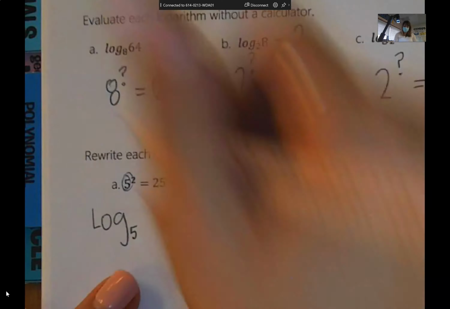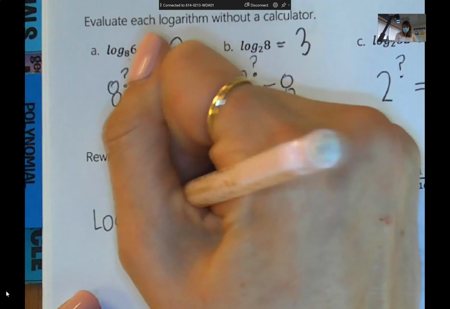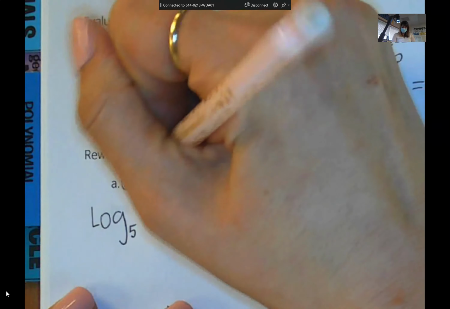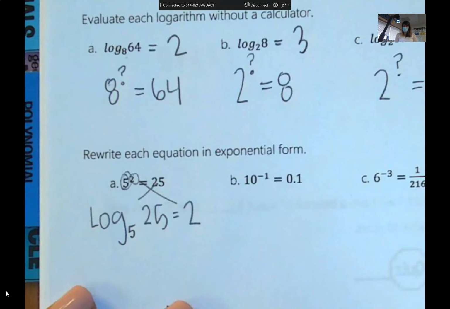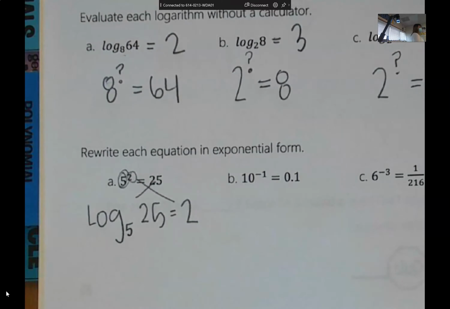Log base 5, and then you crisscross them back, of 25 is equal to 2. So it works the same. You bring down the base number, and then you crisscross the other 2 numbers.